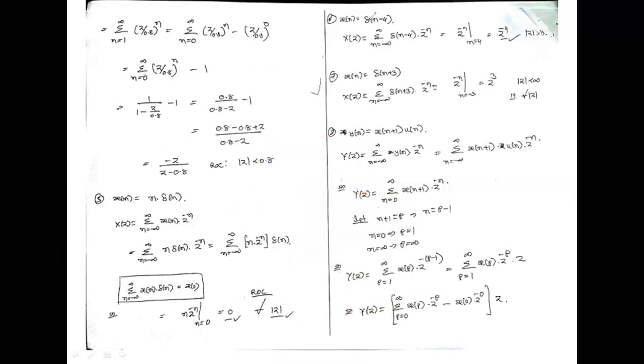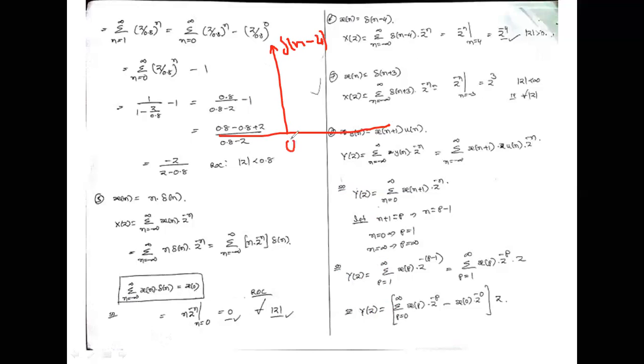In the similar way, x of n is equal to delta of n minus 4. Even if it is shifted towards the right side or shifted towards the left side, the value is 1 for the delta. They're asking here x of n is equal to delta of n minus 4. So delta of n minus 4 is shifted towards the right side by 4 samples.